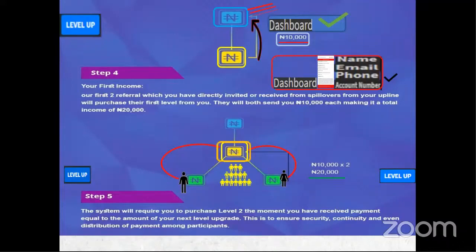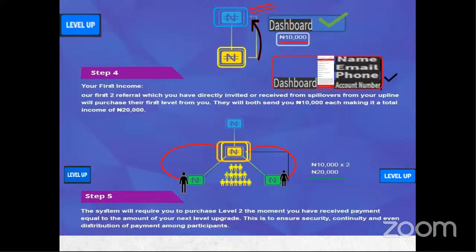How much did you start with? You started with 10,000 naira. Now you've got 20,000 directly into your bank account, giving you what? 100% profit, just like we said before. 100% profit is given to members with no fees, no additional charges. You started with 10,000, now you've got 20,000 cash payments.